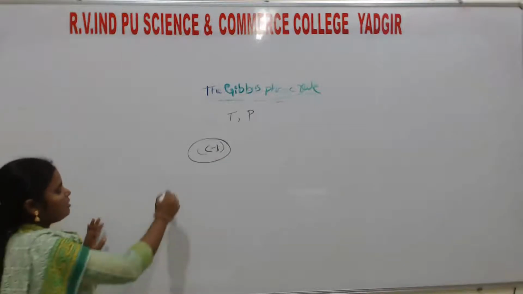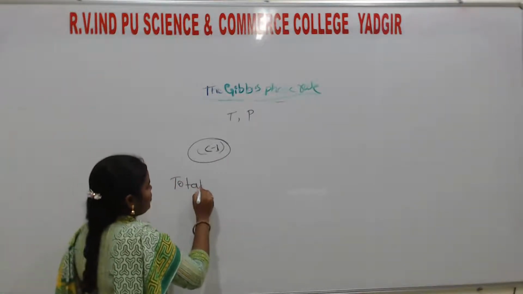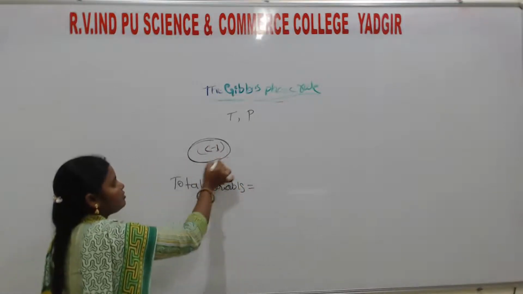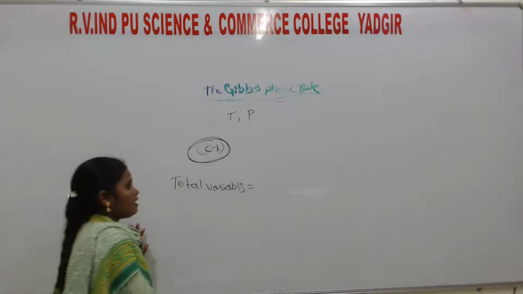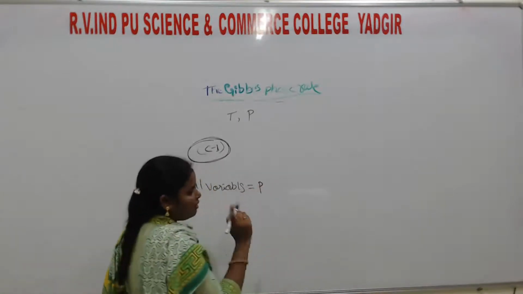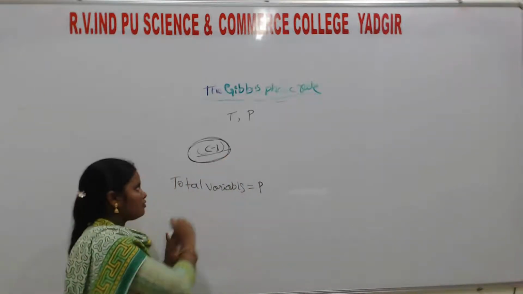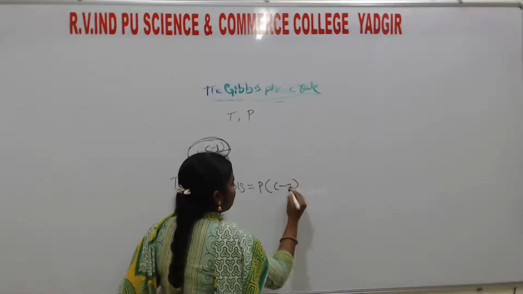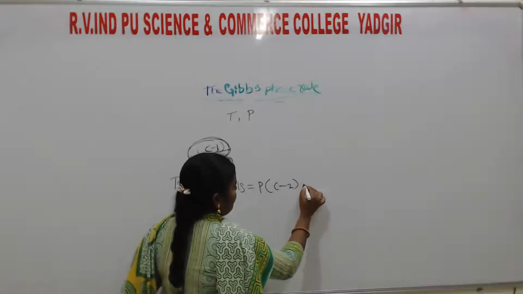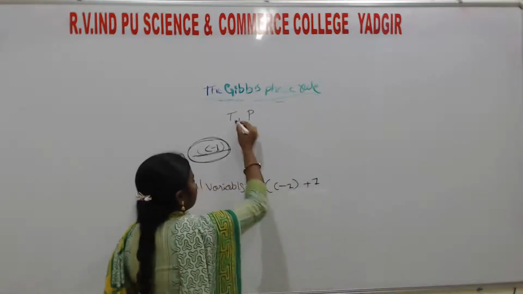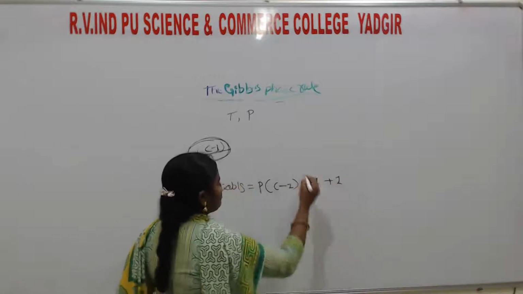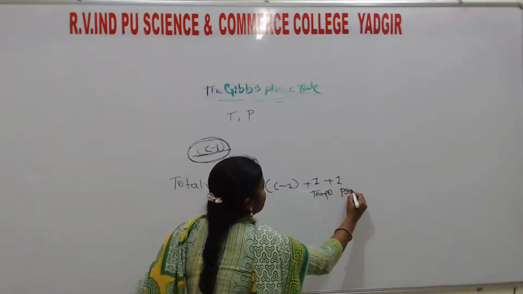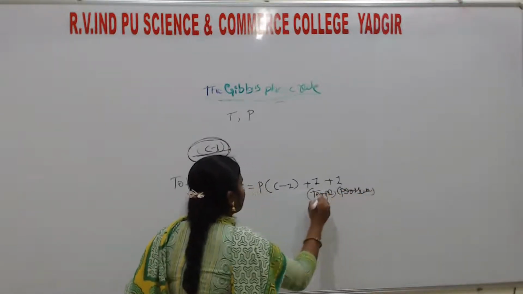The total variables equal the concentration terms, P times C minus 1, plus 1 for temperature and 1 for pressure.